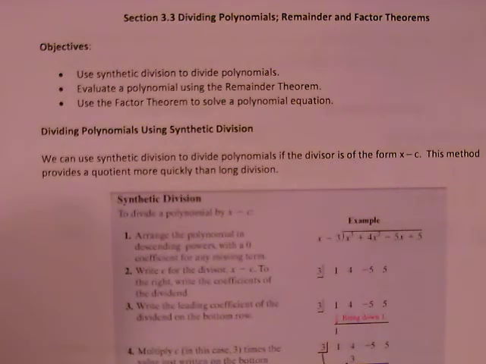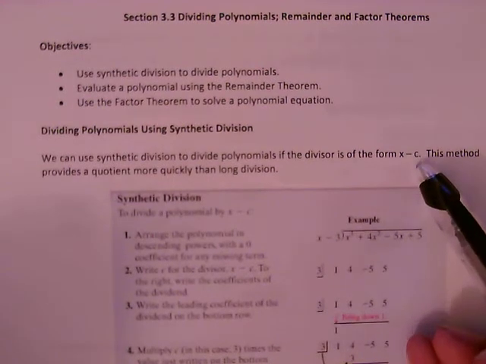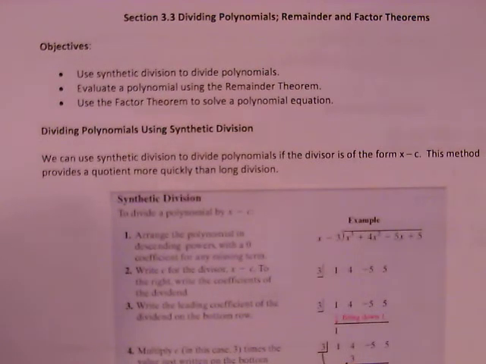Now, let me tell you that the synthetic division is only effective if you have x minus c. So, to do something like x squared minus c as your divisor, then you'll have to use the long division approach. And I did create a video for this section as well that has long division done on there as well.